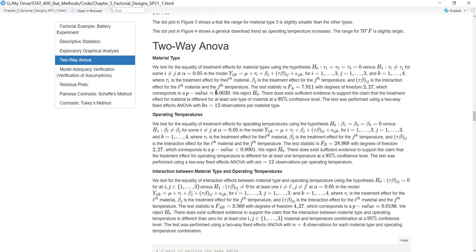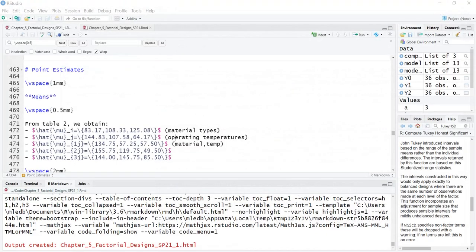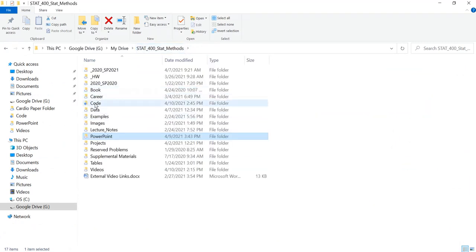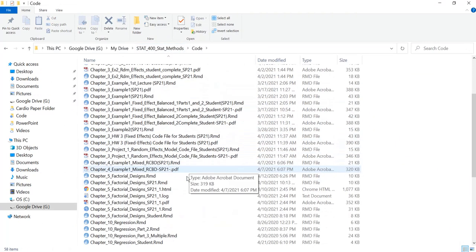And if you're in a crunch, you can always print this as a PDF. Let's see, so right click, oh no, how about Control P? Oh, I'm not in the right thing. So if I open this up, I need to go to where it is, and I think it's going to be under code. And this is chapter 5, and I'm looking for HTML.